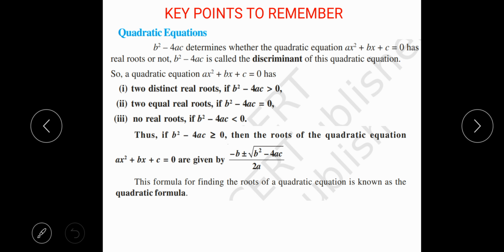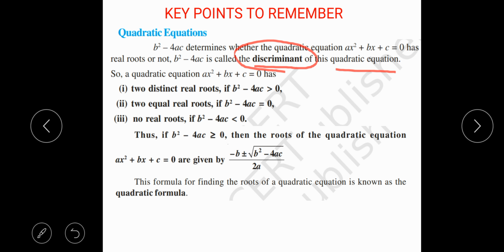It tells us about the nature of the solution, meaning whether it has real roots or imaginary roots. So b square minus 4ac determines whether the quadratic equation has real roots or not.